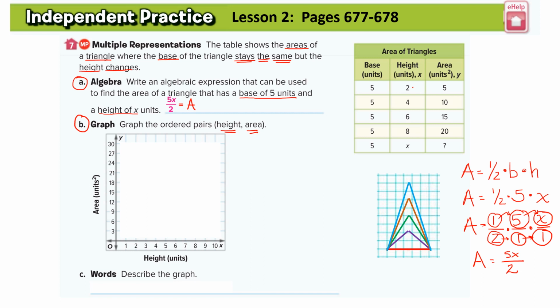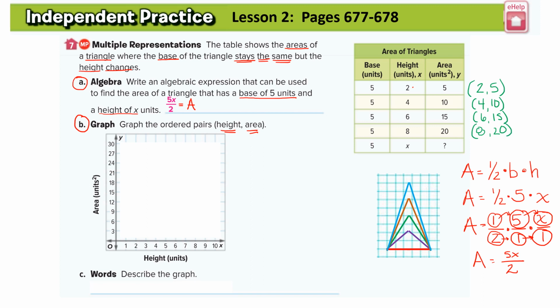I'm going to change my colors here. The coordinate pairs would be 2, 5, 4, 10, 6, 15, 8, 20.